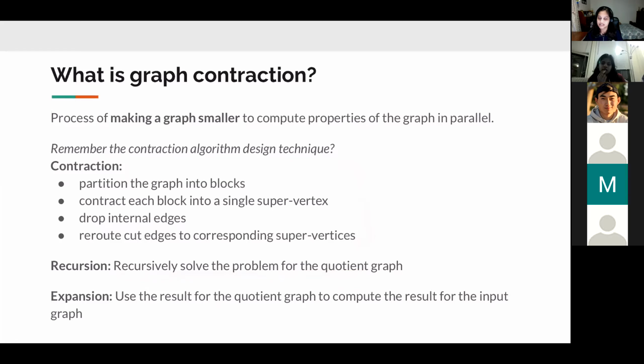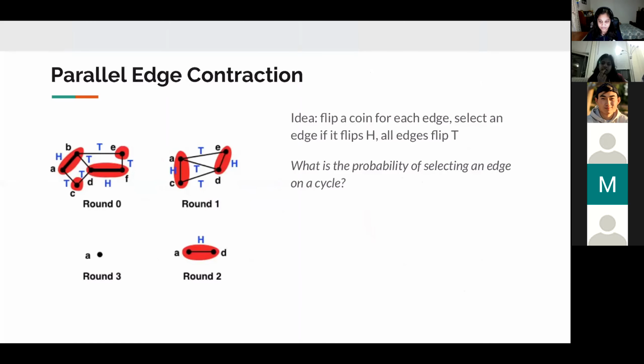So there's two types of contraction that we talk about in this class. We have edge contraction first. In edge contraction, we define the contraction based on the edges. So you flip a coin for each edge. In this example, we flip heads for this edge, tails for this edge, and so on.